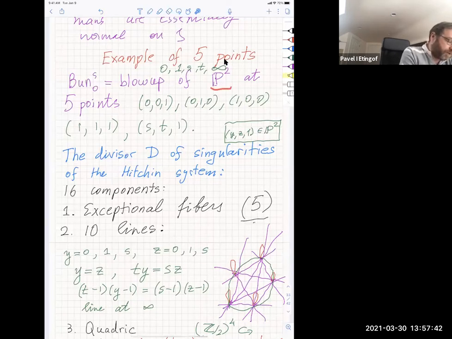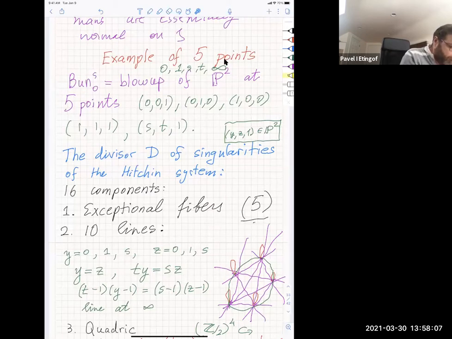So we have 5 points, 0, 1, S, T, and infinity. And we have Ban 0, which is the blow up of P2 at 5 points, 0, 0, 1, 0, 1, 0, 1, 0, 0, 1, 1, 1, and ST1. So basically, that's the exact structure of this Ban 0S. It's a blow up of P2 at 5 generic points.